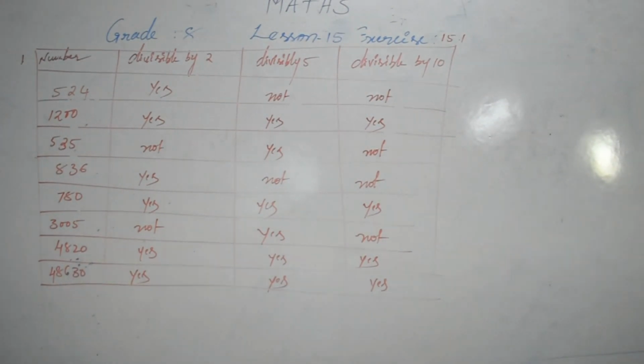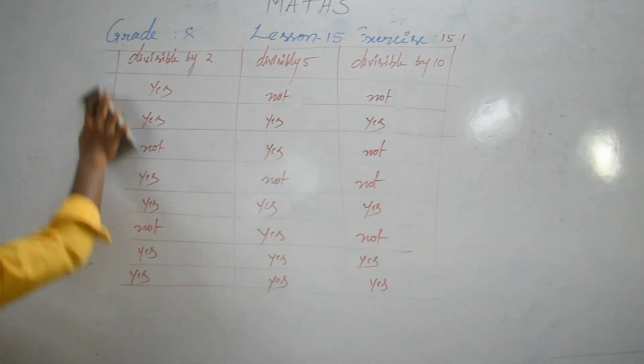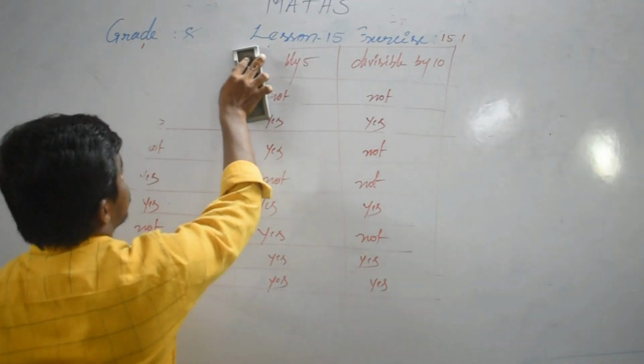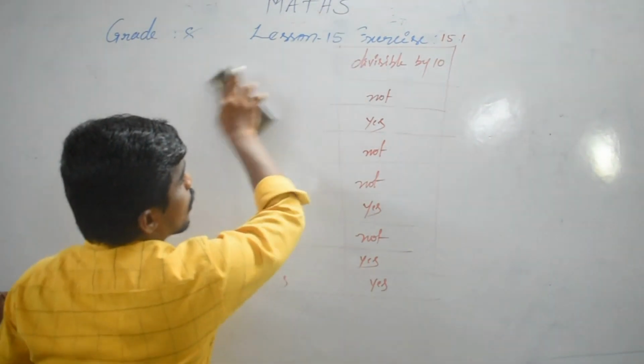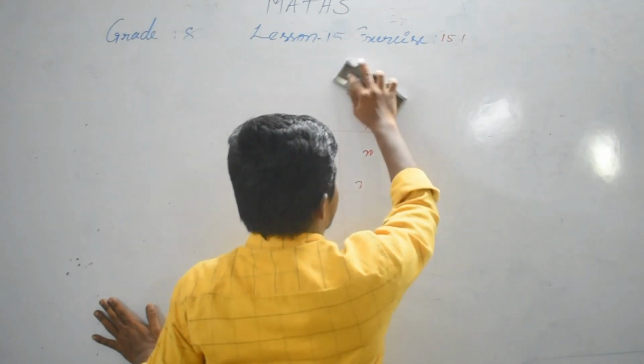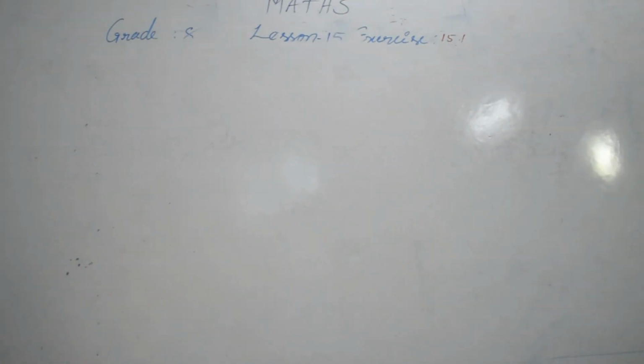Next one, the second one. Using divisibility test, determine which of the following numbers are divisible by 2.